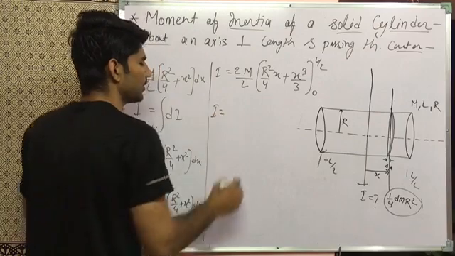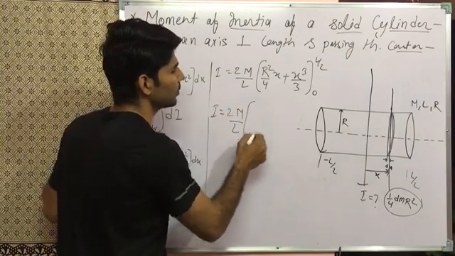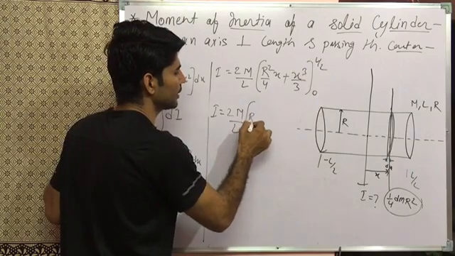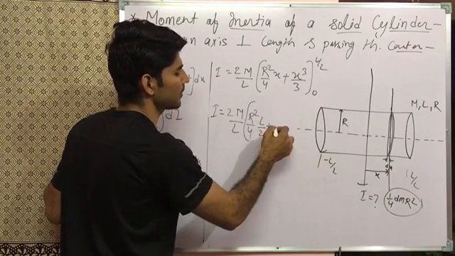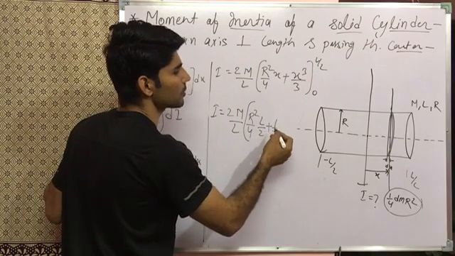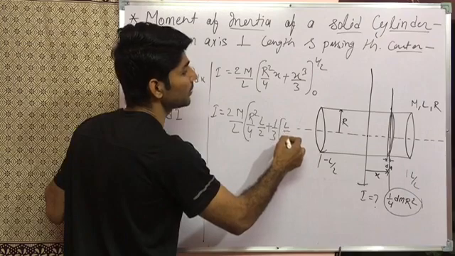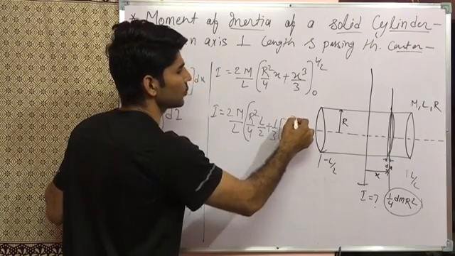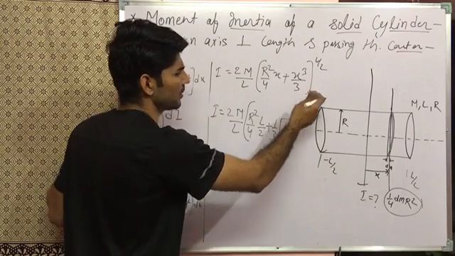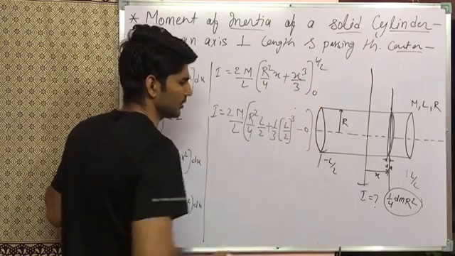So the integration I will be 2m by L. When I put the upper limit, r square by 4 becomes L by 2 plus 1 by 3, which is constant, times L by 2 whole cube. When I put the lower limit 0, everything becomes 0, so I write 0 here.